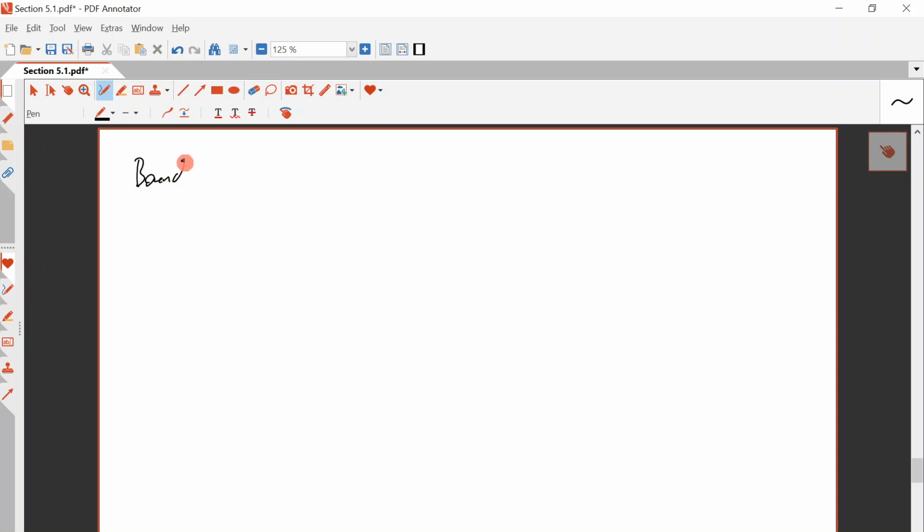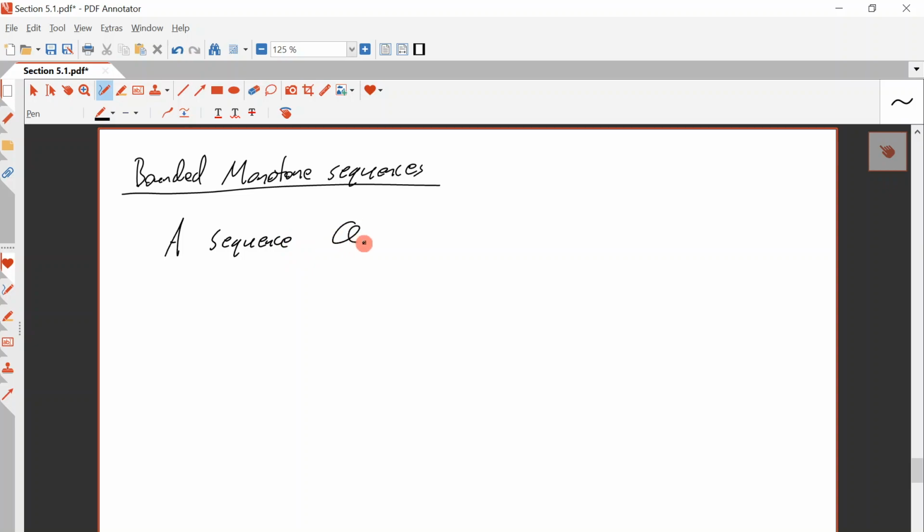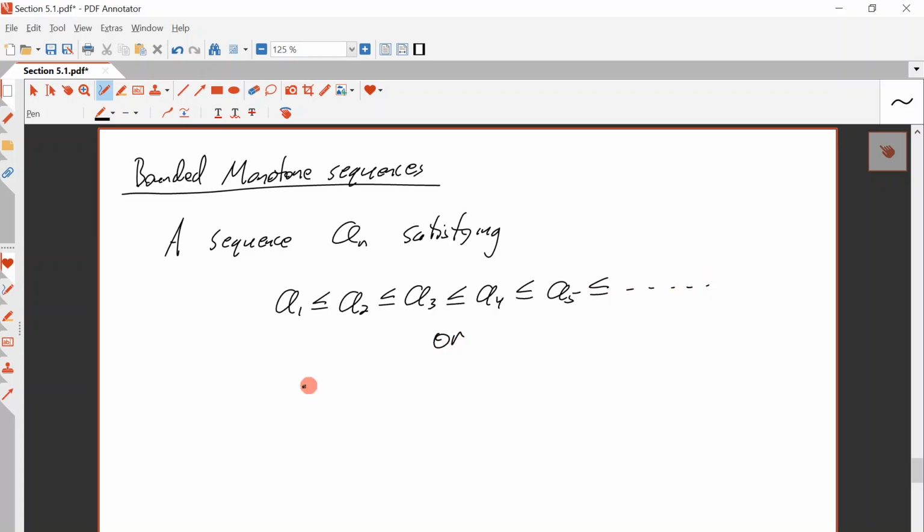So, the bounded monotone sequences. A sequence a_n satisfying a_1 is less than or equal to a_2 is less than or equal to a_3, a_4, a_5, like that, or satisfying this, a_1 is bigger than or equal to a_2, and so on.